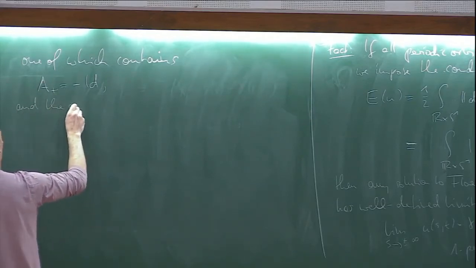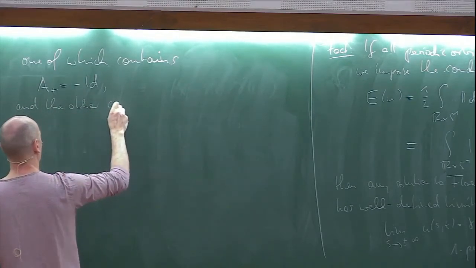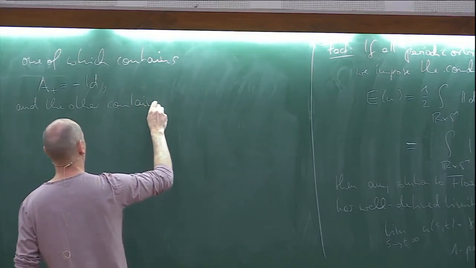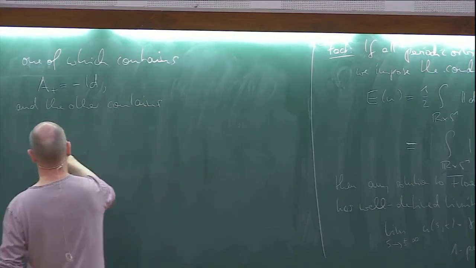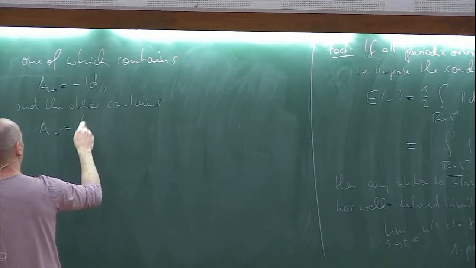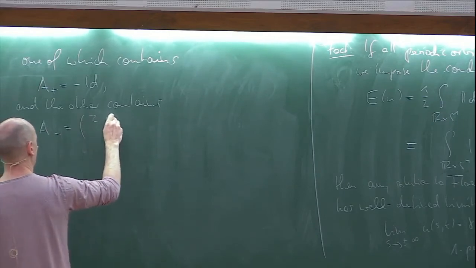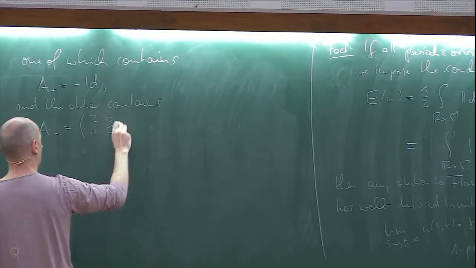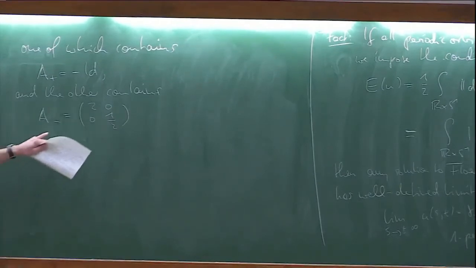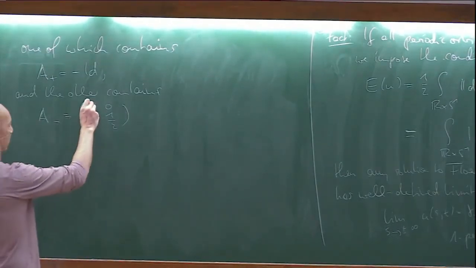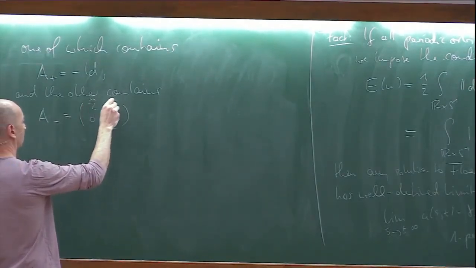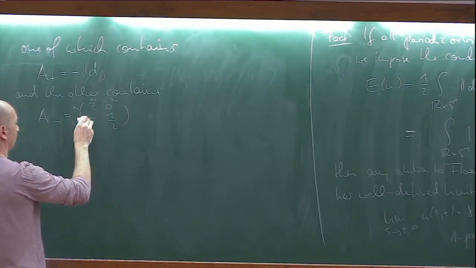and the other contains A minus, which is sort of the 2 by 2 block matrix. So if this is in symplectic coordinates, let's say x1 and y1, it has this form, right?